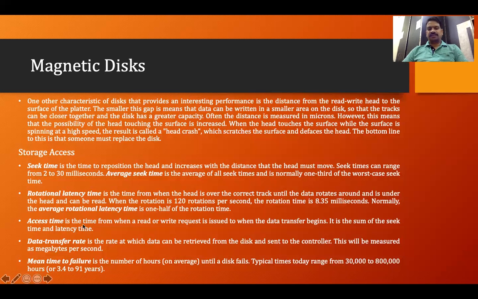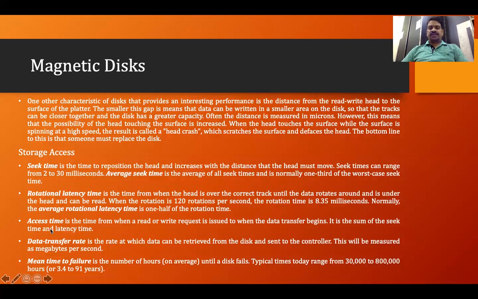Then there is the access time, the time from when the read or write request is issued to when the data transfer begins. So when we request a read or a write, how much time it will take to initiate the read or the write, that particular time duration is called access time.